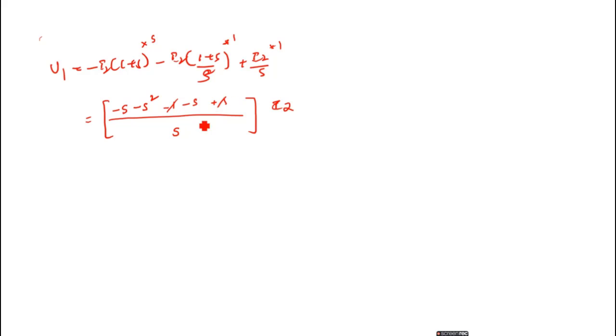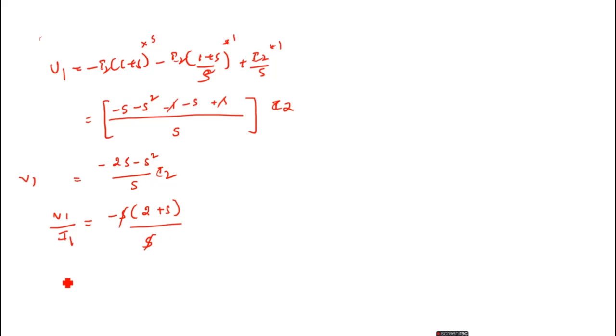So minus 1 plus 1 will be cancelled. We will get minus of 2 into S divided by S, into I2, that equals V1. So V1 divided by I2 equals, I will take minus S as common, we will get 2 plus S divided by S, and S and S is cancelled.